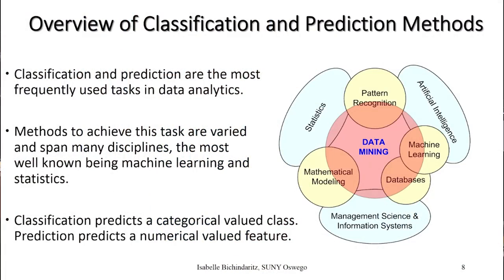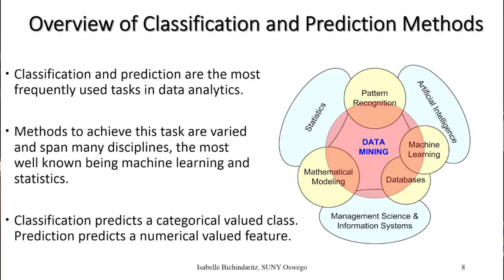Everybody wants to, for example, diagnose a patient very precisely and very accurately. Diagnosis is a typical prediction task in terms of data analytics. So these definitely are some of the most important models to build in data analytics.